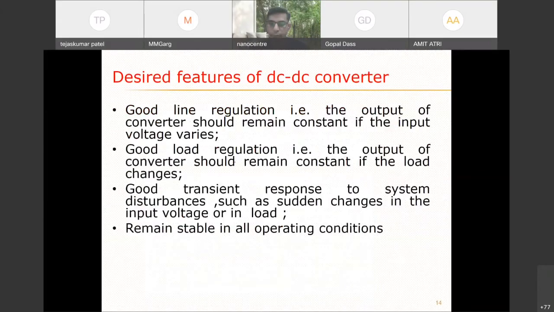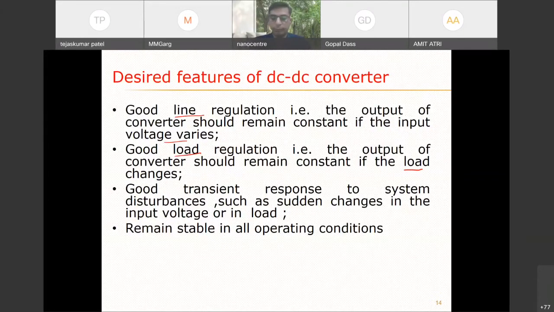If there is any change in this input source, our output voltage, which is connected to, say in a DC microgrid, the DC bus, should not change. So if there is any variation in the input, the output voltage should be regulated to the reference value. Similarly, if there is any change in the load, the output voltage should also be regulated.